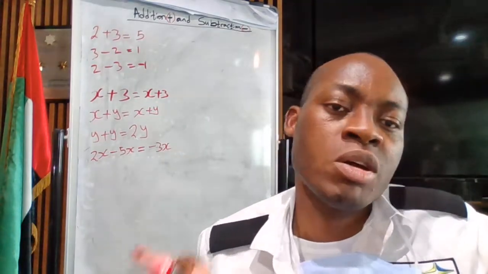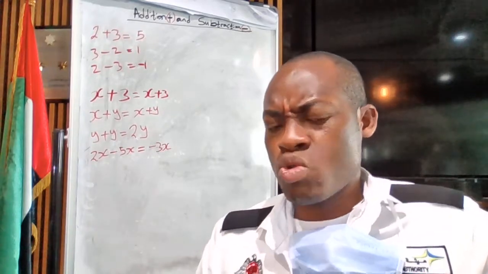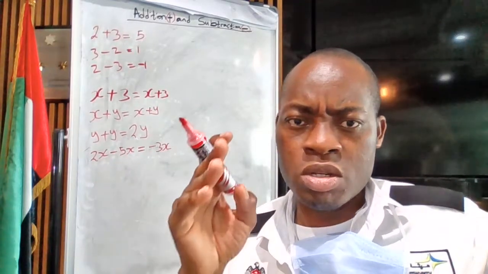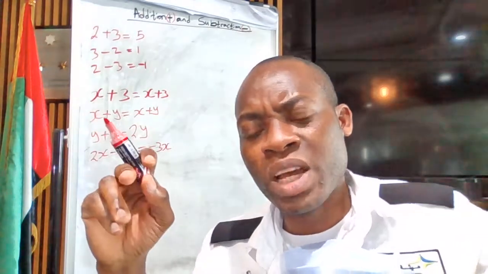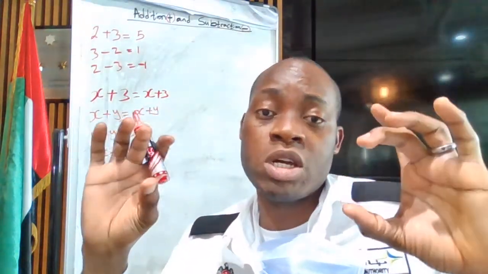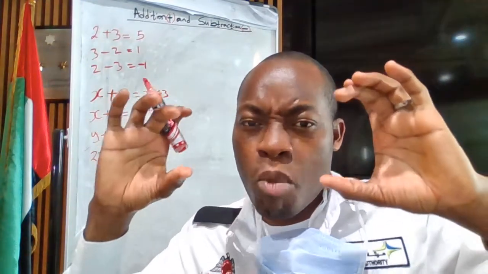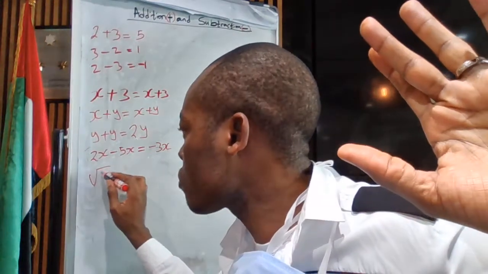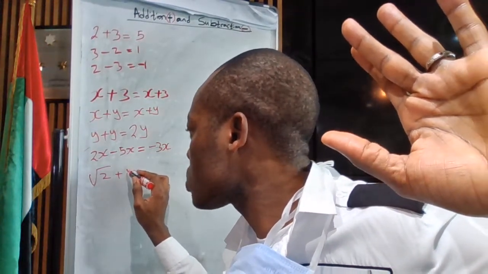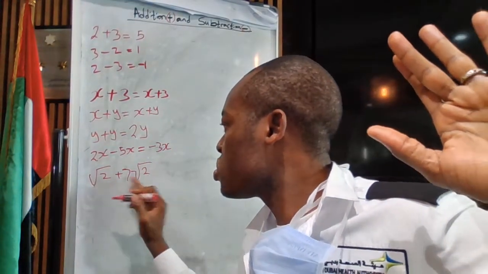Another topic that you have to take note of how addition operates is surd, number base, logarithm. You have to understand the surd, the root, any number that is inside the root. That is, when you have two different surds, the number inside the root must be the same before you can add or subtract them. For example, when you have root 2 plus 7 root 2, this is root 2, this is root 2.